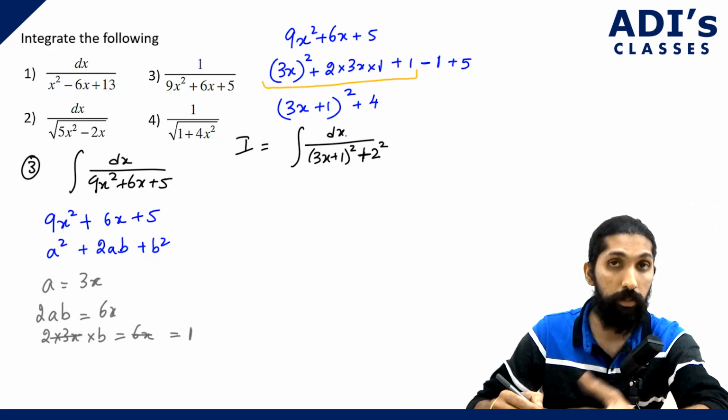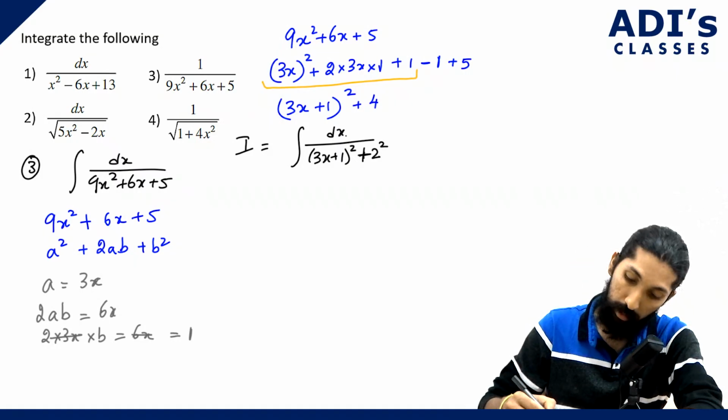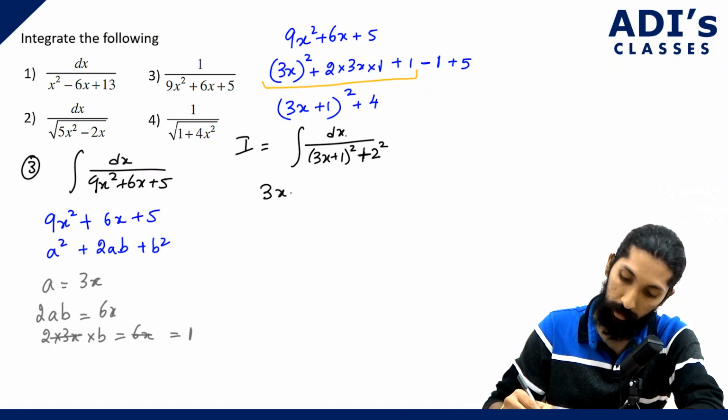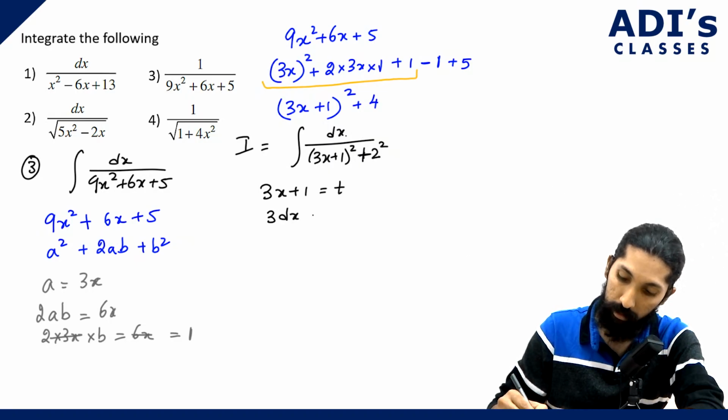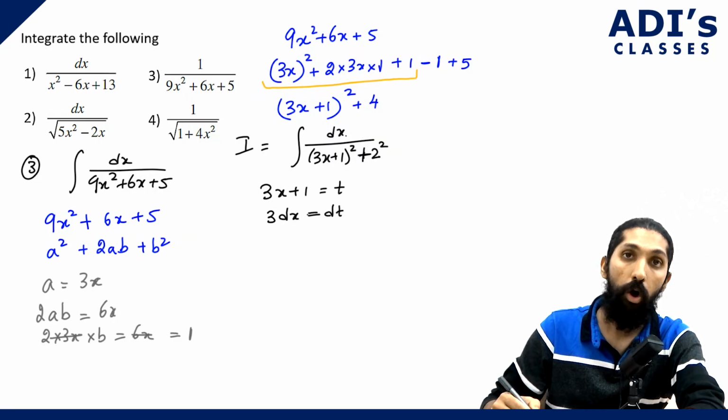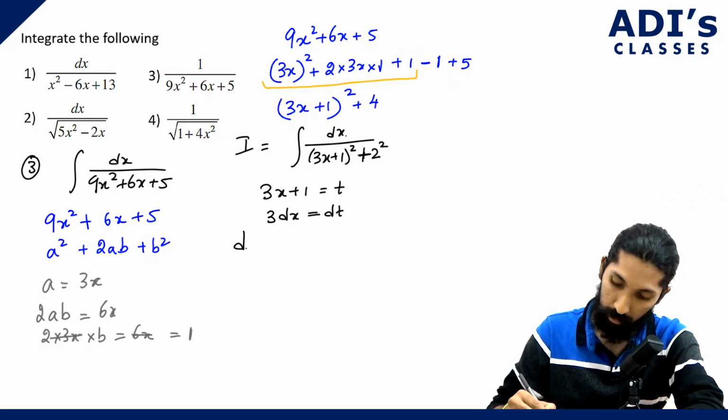But then again you have to do substitution. That is, let 3x plus 1 is equal to t. So 3 dx is equal to dt, or dx is equal to 1 by 3 dt.